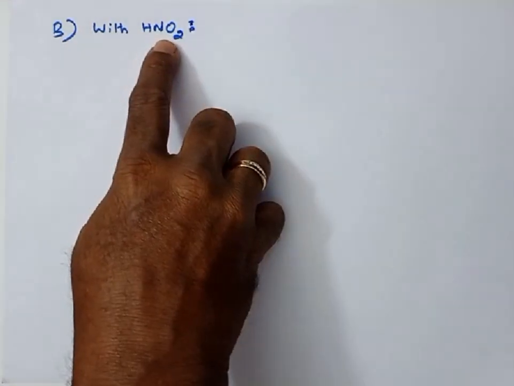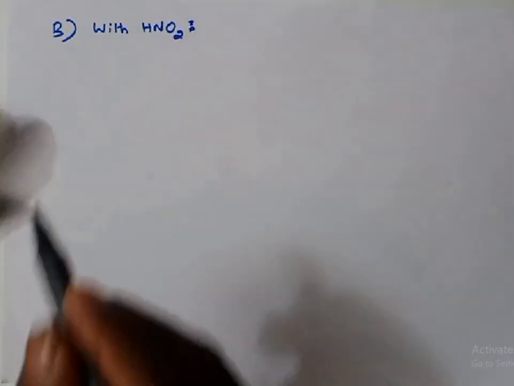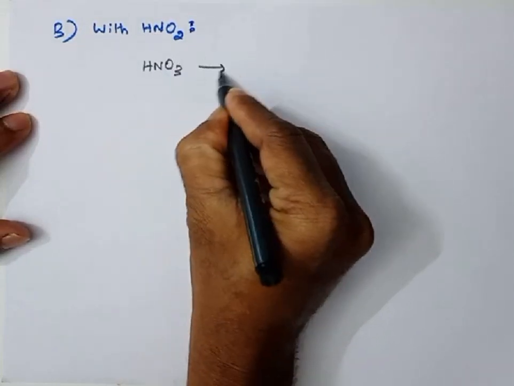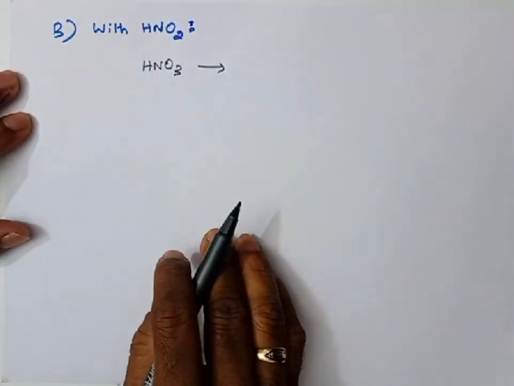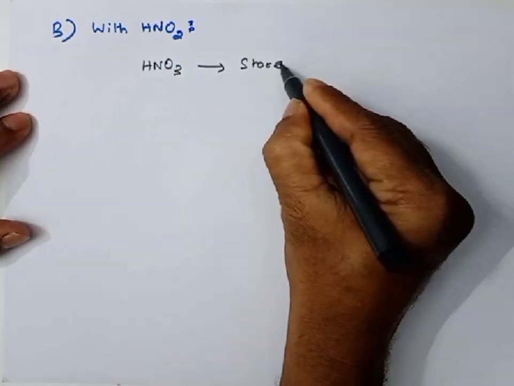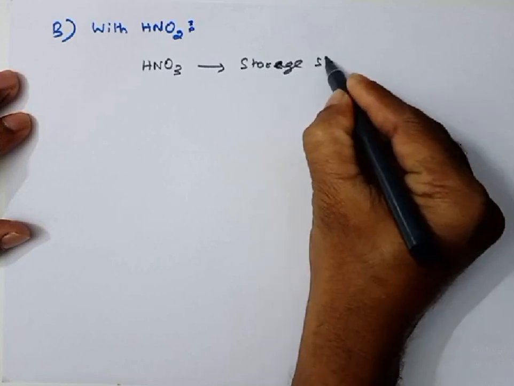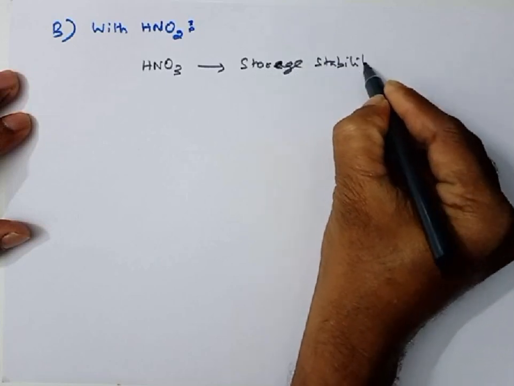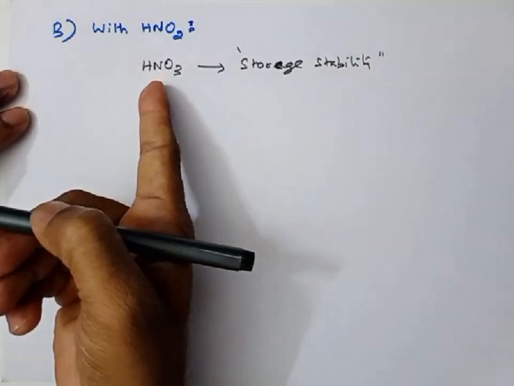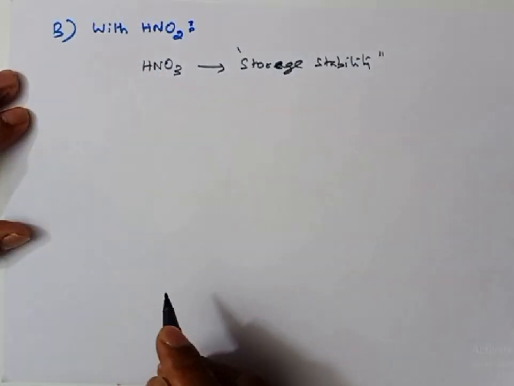Nitrous acid, HNO2. You know very well that nitric acid, HNO3, is quite stable. Storage stability is high, you can store it in the lab. You might have seen nitric acid in your laboratory.